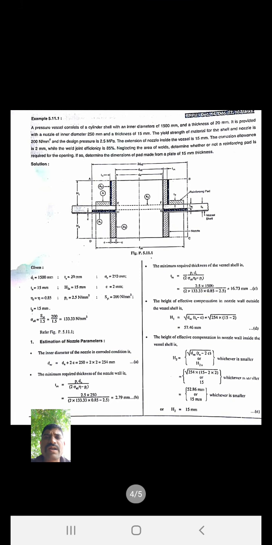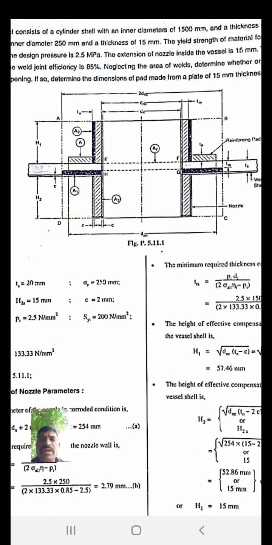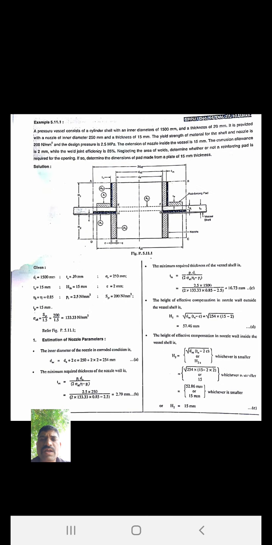The yield strength of the material for the shell and the nozzle is 200 Newton per mm square, Syt is given 200, and the design pressure Pi is given 2.5 megapascal.